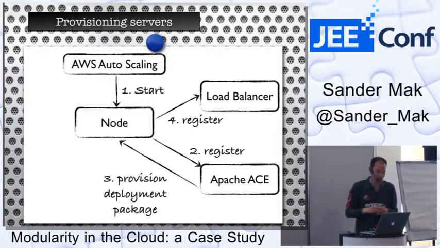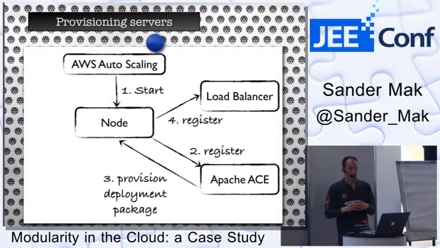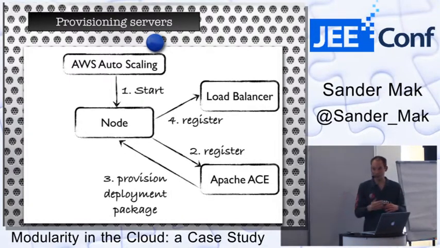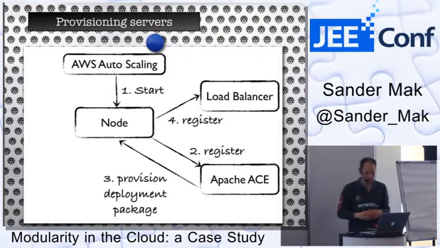Since OSGi is a dynamic runtime, you can just swap in a new bundle in place of an old bundle. So it's also really a way to do incremental deployments rather than just having a 200 megabyte WAR file and needing to bring down WebSphere and so on. We've all seen that, I guess.